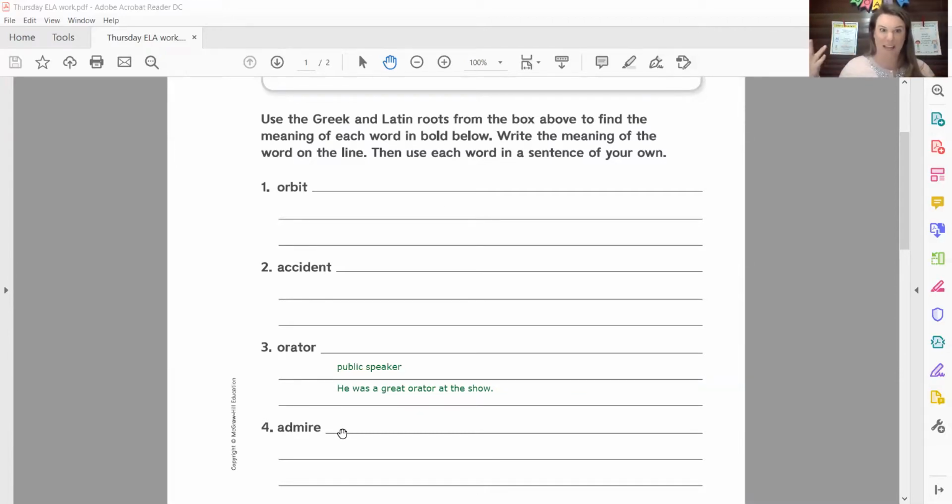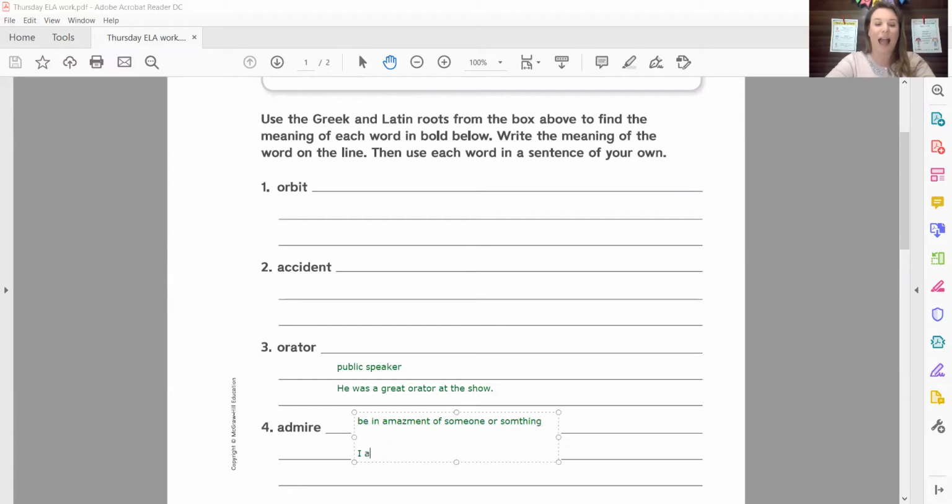I would say be in amazement of something or someone. That's definitely what I would say it was, using my context clues. So be in amazement of someone or something. So admire. I admire my mom for always being there for me.